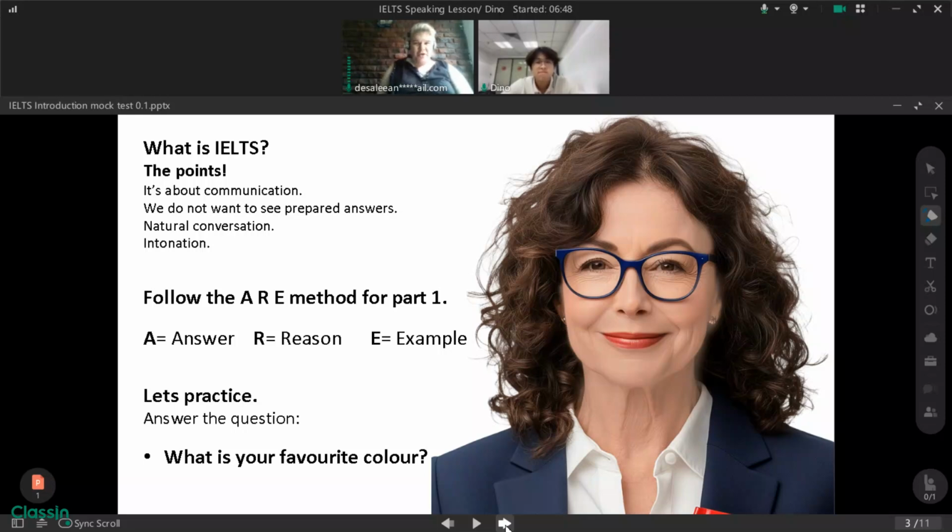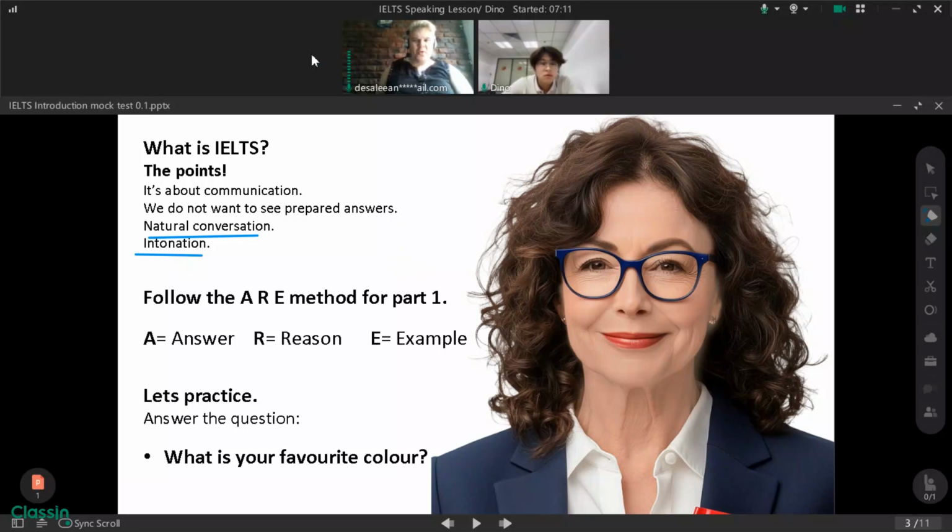We want to see how you can just speak spontaneously and naturally in a situation like with a friend or with a colleague or classmate. And then we also want natural conversation and intonation. So that's what we are looking for as examiners.